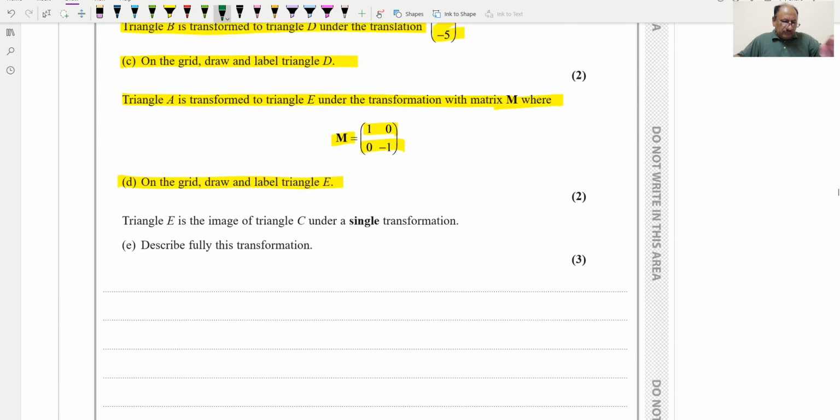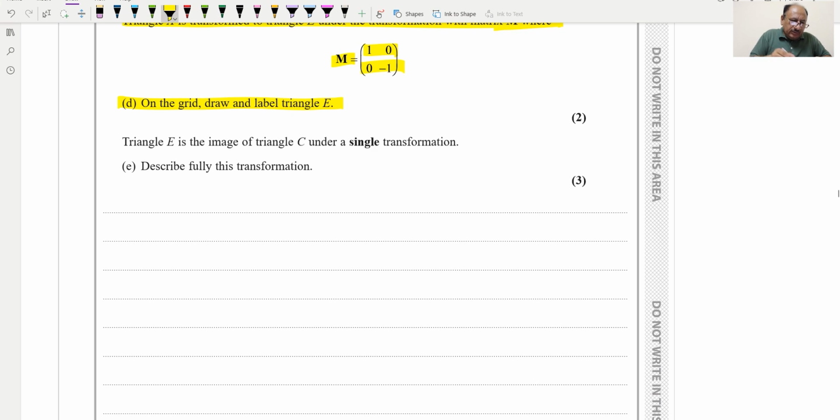Now the last part is saying the triangle E is the image of triangle C under a single transformation. Describe fully this transformation.